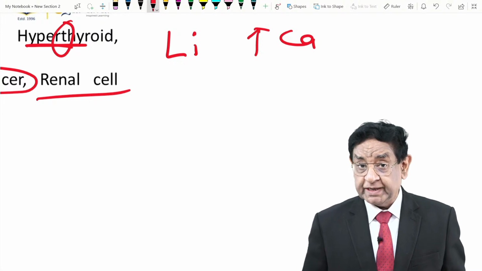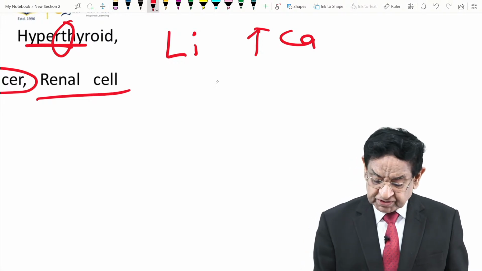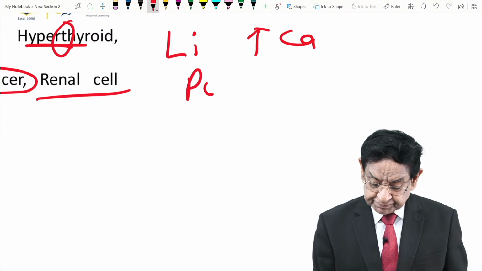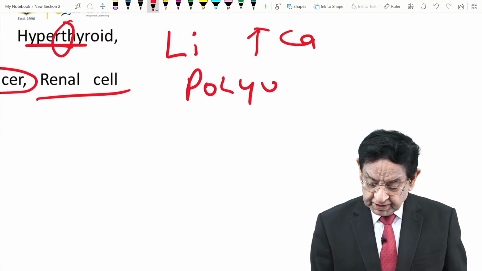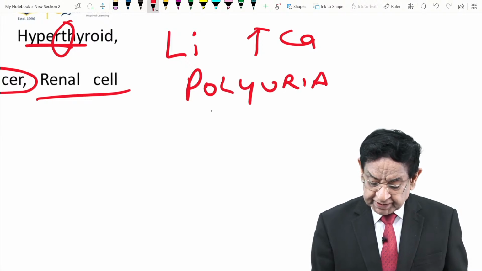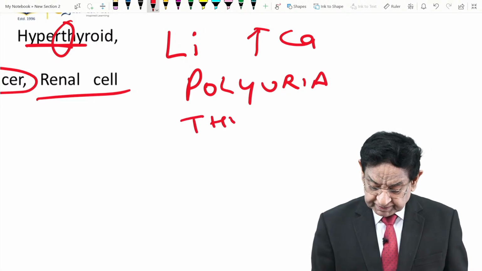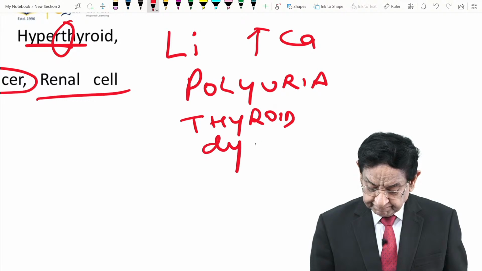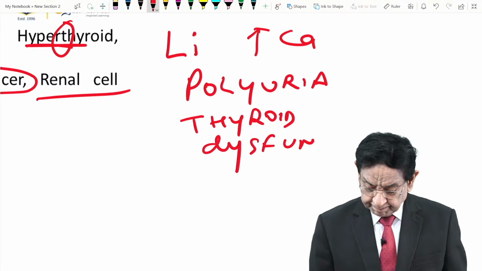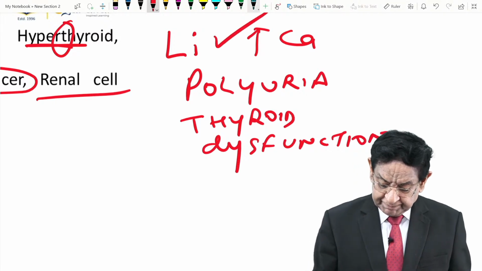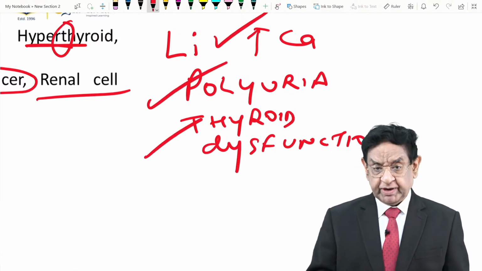Which are the two other important side effects? First of all, it can lead to polyuria. And number 2, it can lead to thyroid dysfunction. Hypercalcemia, polyuria, and thyroid dysfunction.